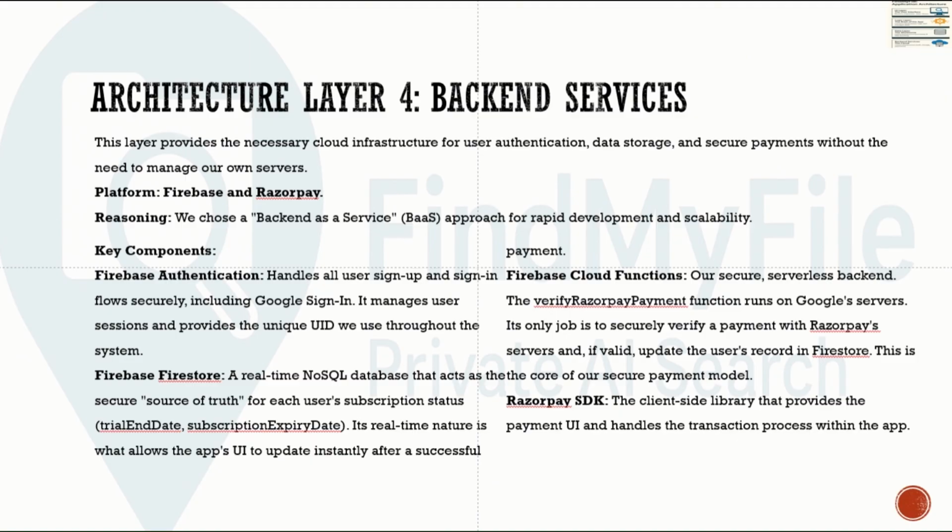The phone number, even though the UI has a field for a phone number for OTP login, we don't use it to store the phone number. Firebase authentication handles your verification process, but we do not store the number in your user profile. The Razorpay SDK may also ask for your phone number during checkout, but that's their part of the system.